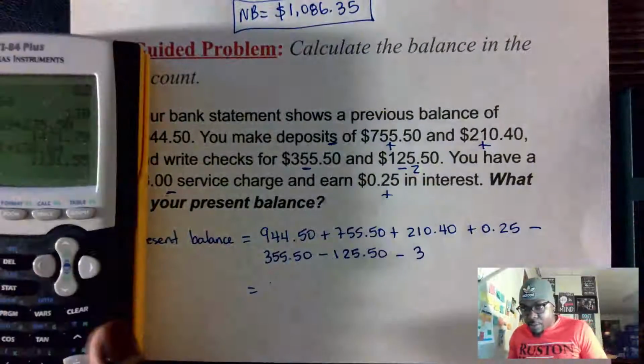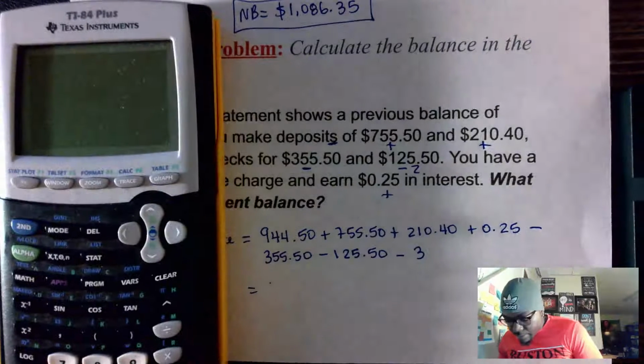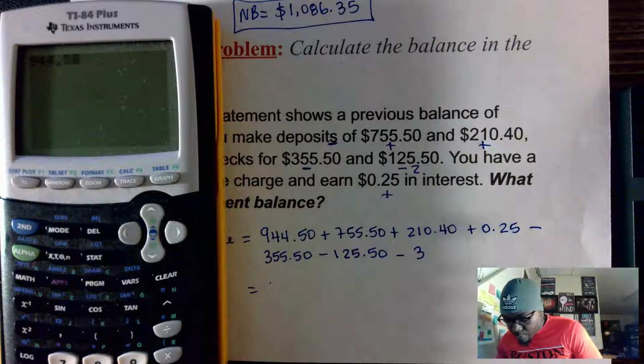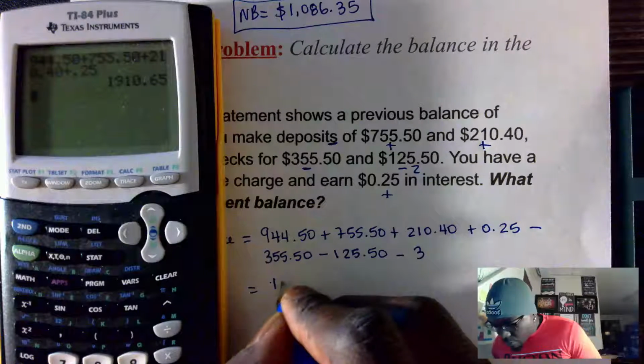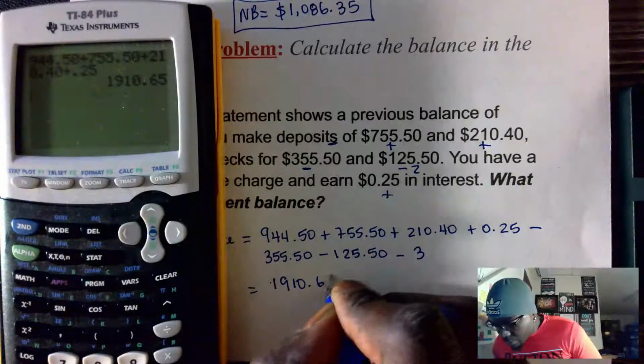So I'm going to clear, and I'm going to add 944.50 plus 755.50 plus 210.40 plus 0.25, and this is going to give me 1,910.65.